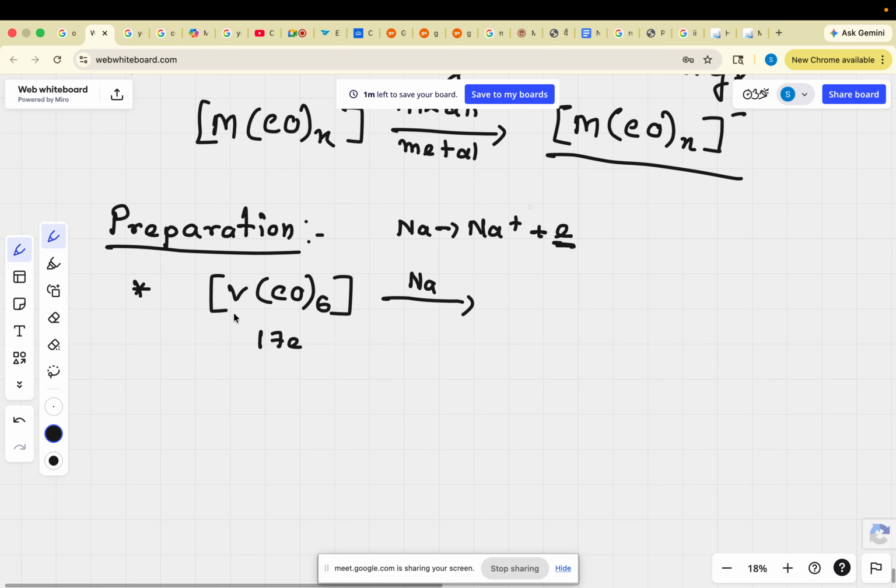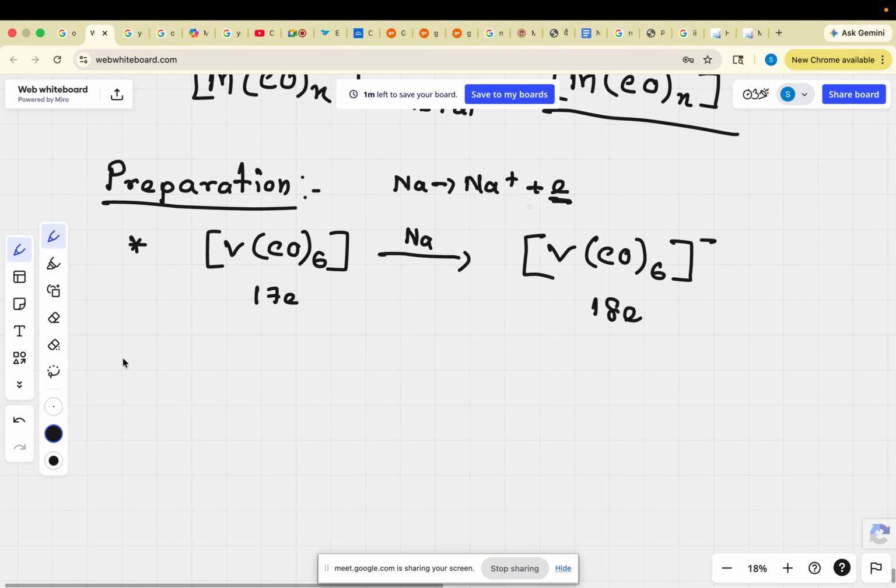This electron will be taken up by vanadium. If vanadium takes up this single electron, it will become V(CO)6 minus with 18 electrons. So that compound is not that stable, but this carbonylate form is stable, because it is getting 18 electrons.